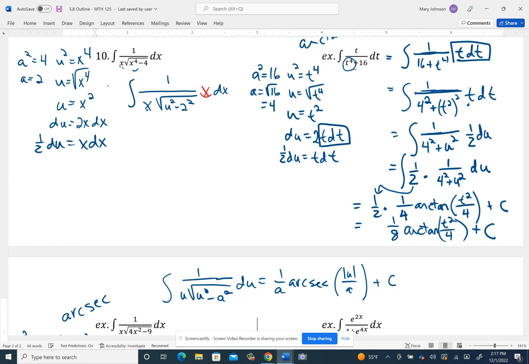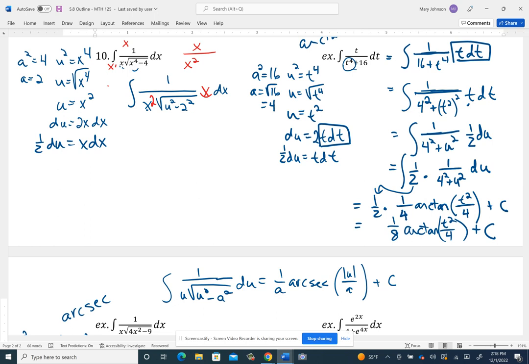So if I put an x right there, I would need to divide by x or put an x in the denominator, which means I could put another x down here where that x squared is. Basically, it's like I'm multiplying up here by x and I'm multiplying here by x. So I have an x on top and an x squared there that would have simplified to be 1 over x. So I'm just putting that back in so that I have an x dx.